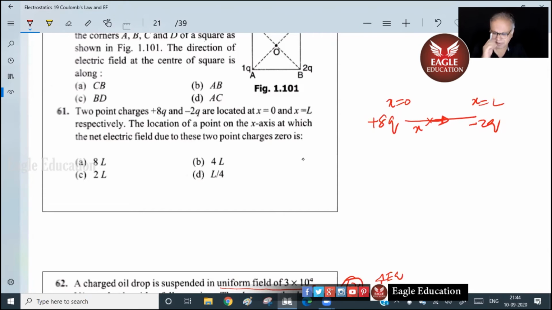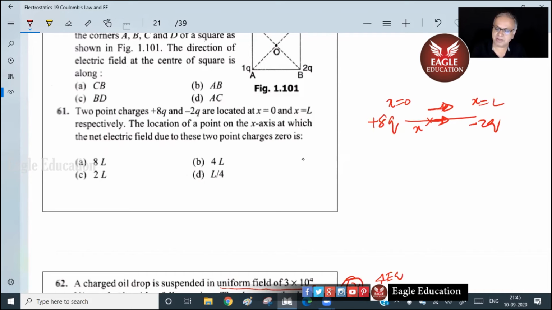Same charges, that's not the point. If they were same charges, the midpoint would be the point, but some other point will be there here. Do you follow? Still you can think at x distance it is 0, but at x it will be what? Field is that way, field of this is this way, right?